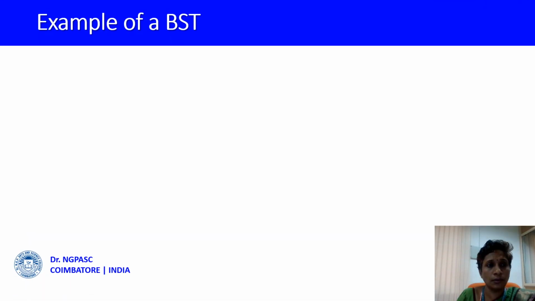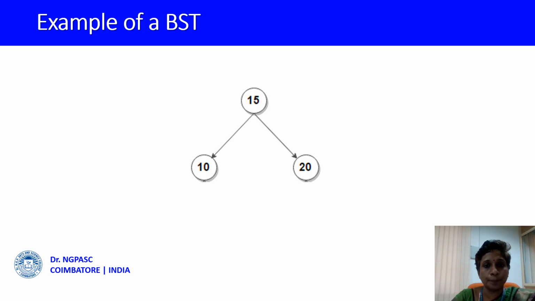Now we'll look into the example of a binary search tree. So here we have an example which shows 15 as the parent node, and left child is 10, right child is 20. So here we can see that this is a binary tree actually, because we have at most two children, the left and the right children.